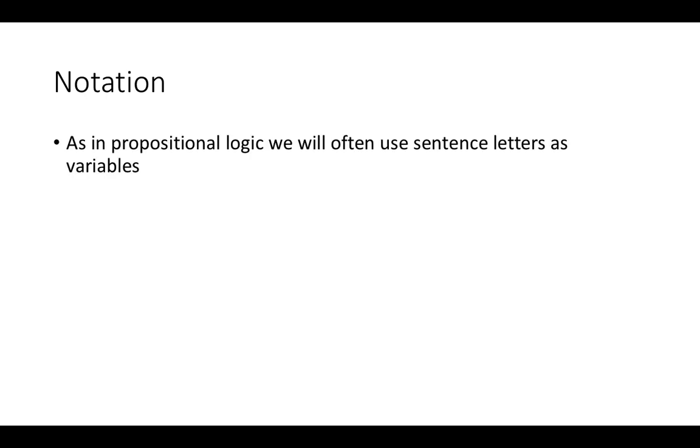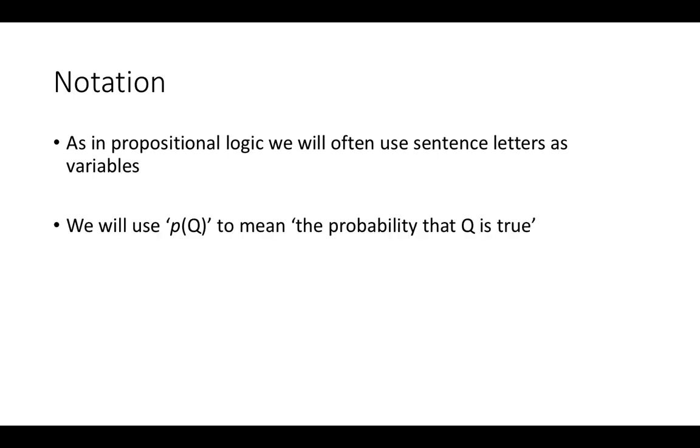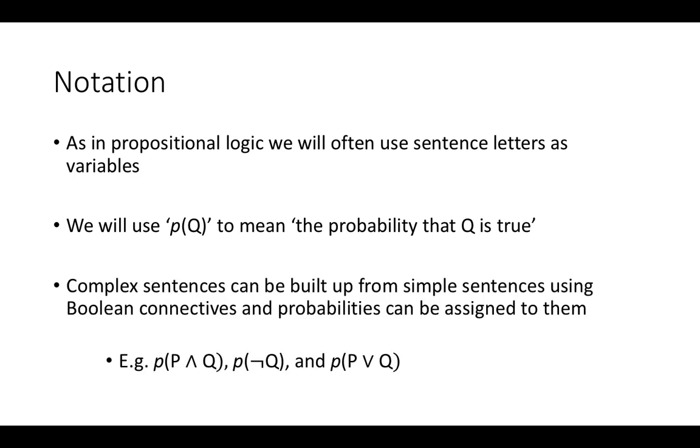In fact, the resemblance is even closer, and we can see it reflected in the notation. We'll often use sentence letters in place of writing out the sentence in full, and we'll use the abbreviation P of Q to mean the probability that Q is true. Moreover, we'll use symbols for the Boolean connectives to indicate how compound sentences are built up from simpler ones.